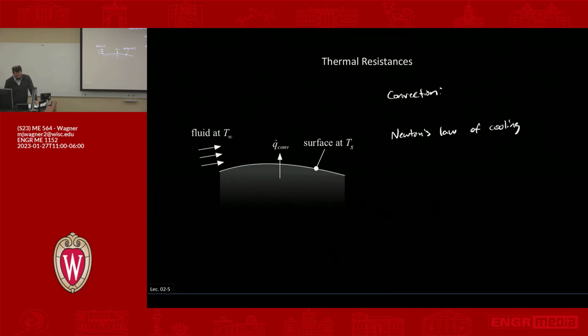Not sure who this Newton guy is, but Q dot convection is equal to h bar times A_s times (Ts minus T infinity). All right, that's Newton's law of cooling. All we're looking for again is a temperature potential and then some constants multiplying that to get us a resistance. So the resistance for convection is going to be 1 over h bar A_s.